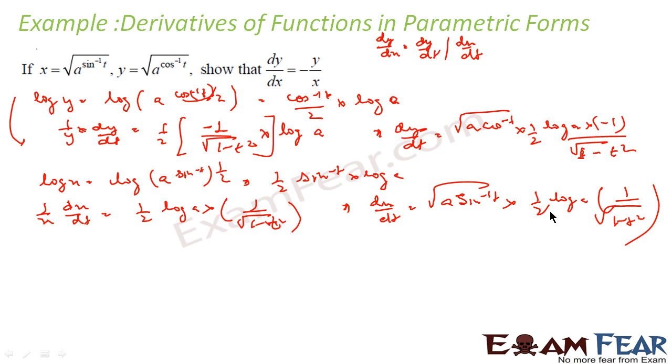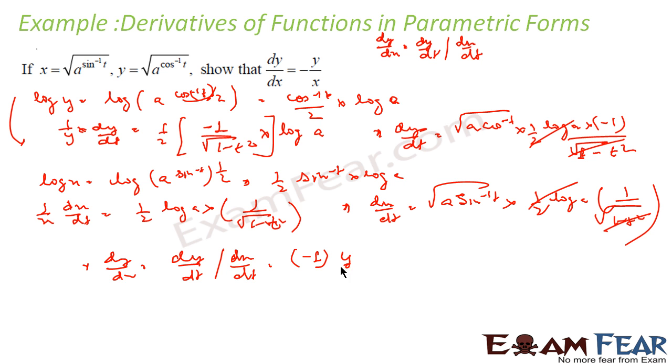Correct? Now if you want to find dy by dx, it is nothing but dy by dt divided by dx by dt. So if you divide, log a will cancel, 1 by 2 will cancel, minus and plus will be remaining, so minus 1 into this guy, root a to the power cos inverse t, is nothing but y, and root a to the power sine inverse t is x, so minus 1 into y by x, that is minus y by x, and that is my answer.